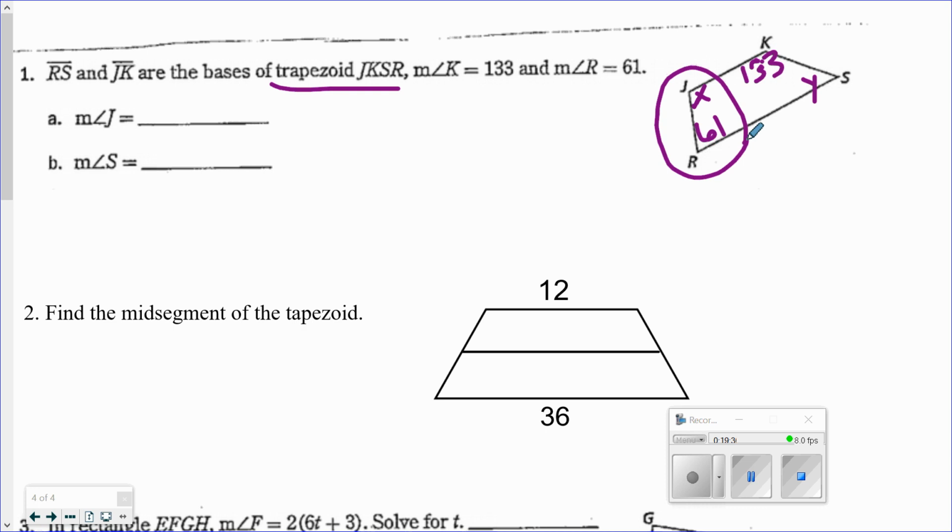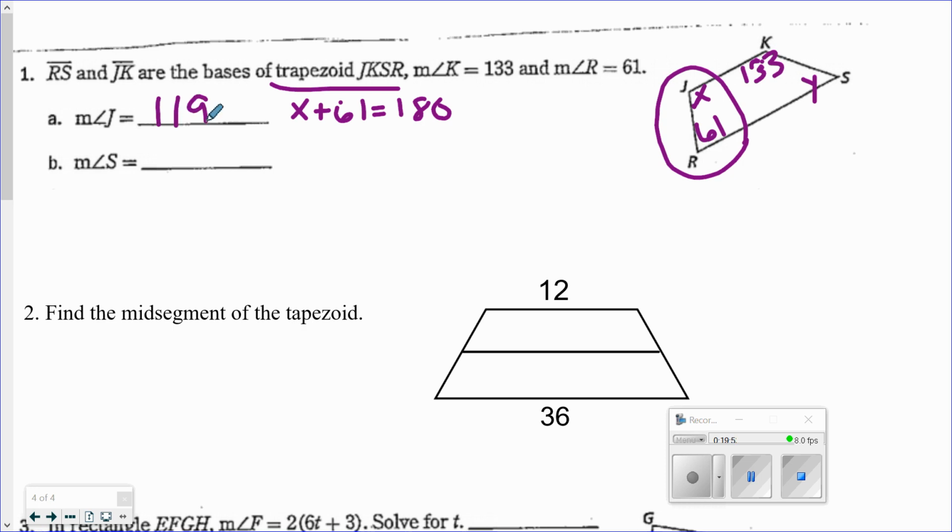So if I'm trying to find X, I know that X plus 61 is going to give me 180. Subtract 61 from each side. I end up getting that angle J is equal to 119 degrees.